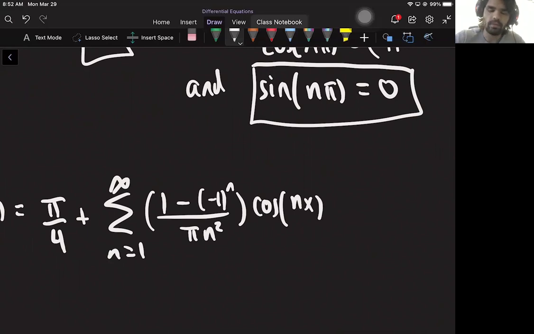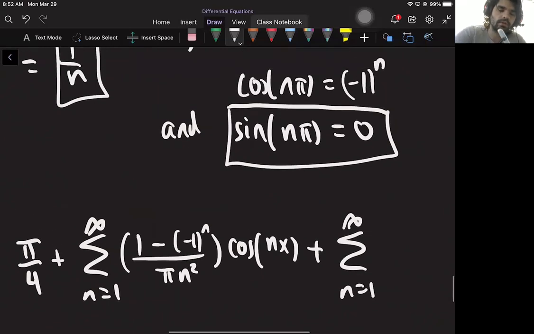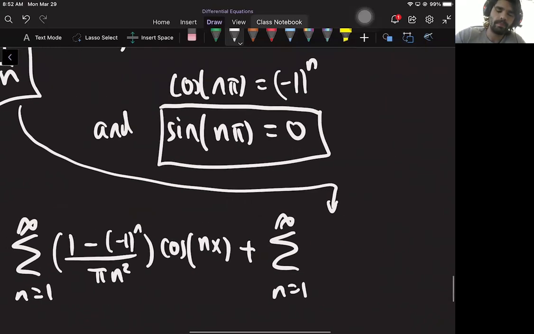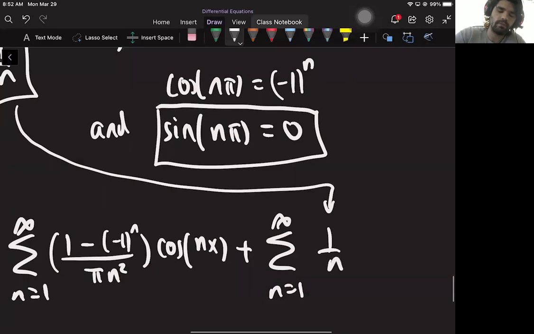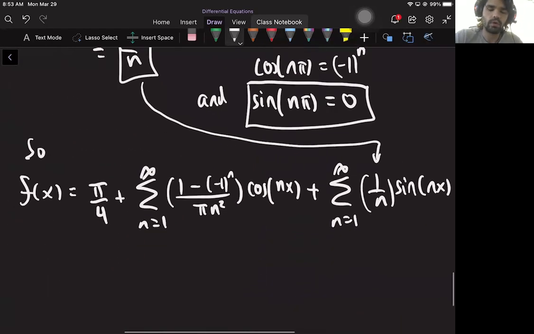Remember, this was a pi over p, but then p equals pi, so they canceled. And now our sine terms, if you just trust me that we got 1 over n, then our coefficients are just 1 over n. And then you have sine of nx. So this is our Fourier series for f of x that we had.